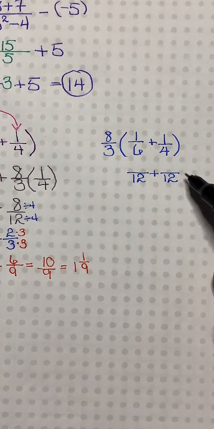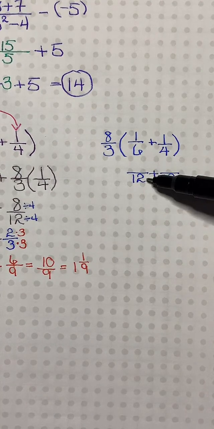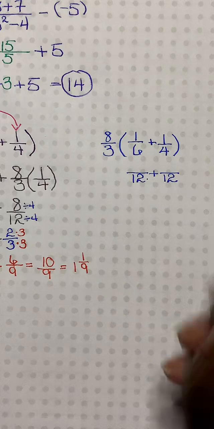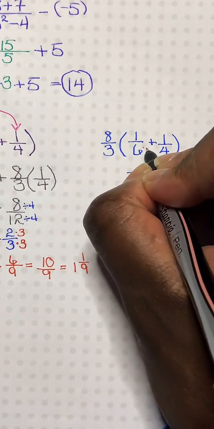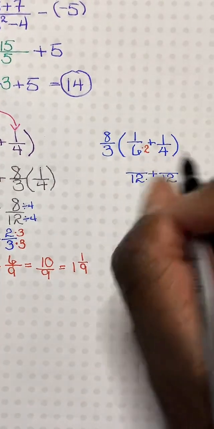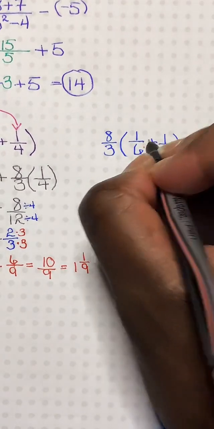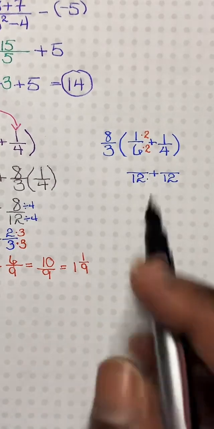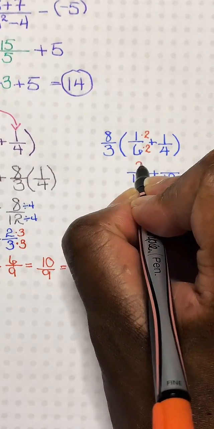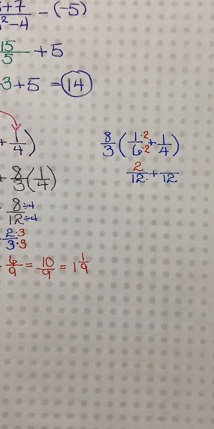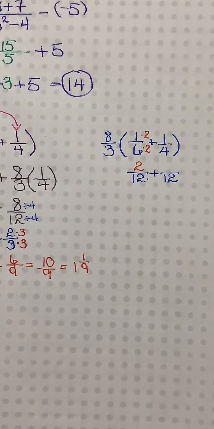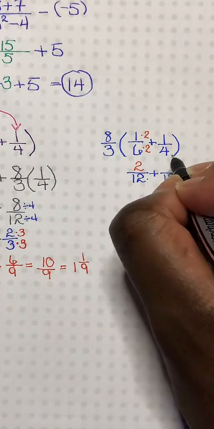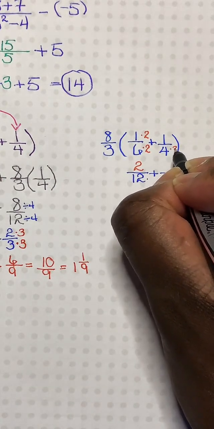Now, in order for this 6 to turn into a 12, I need to multiply it by 2. Whatever I do in the denominator, I have to do in the numerator. 1 times 2 gives me 2. So now, for the 4 to turn into a 12, I need to multiply by 3.